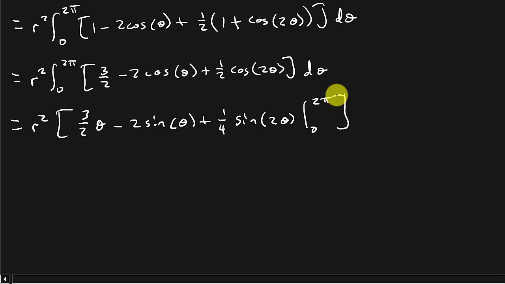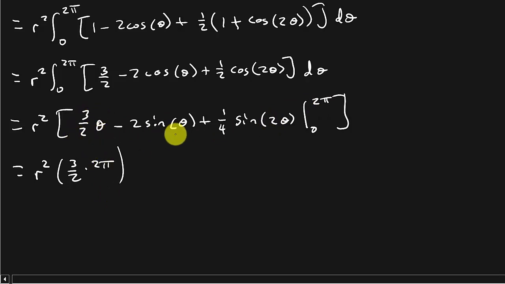And then you plug in everything. This is easy. You don't even need to write this out. This is going to be r squared times 3/2 times 2 pi, and that's all you need. When you plug in 2 pi, there's your 3/2 times 2 pi.